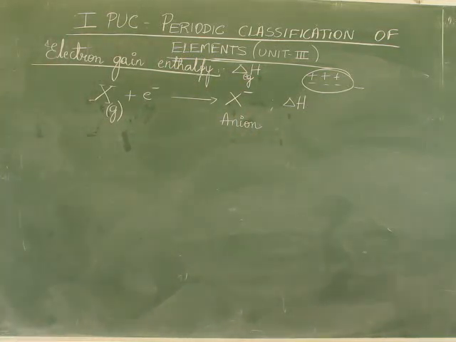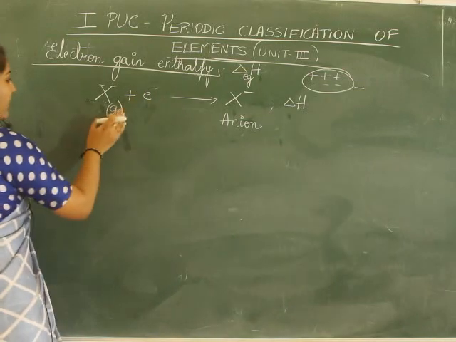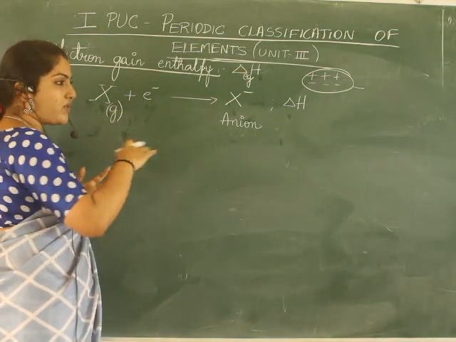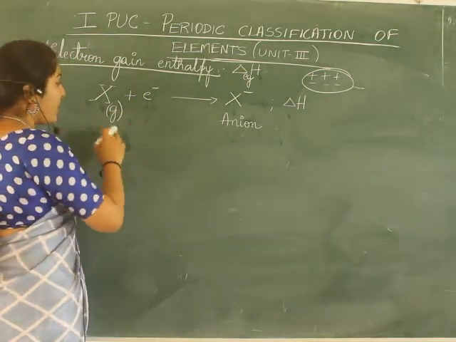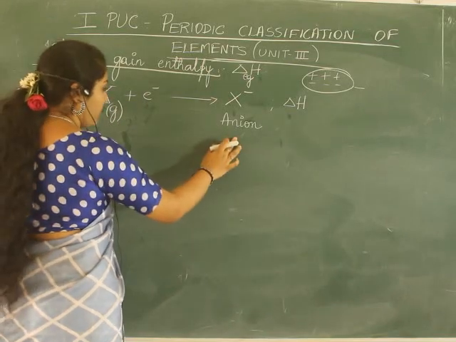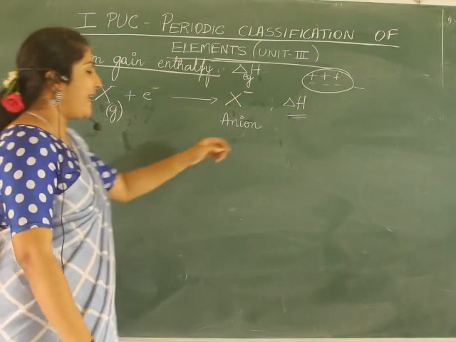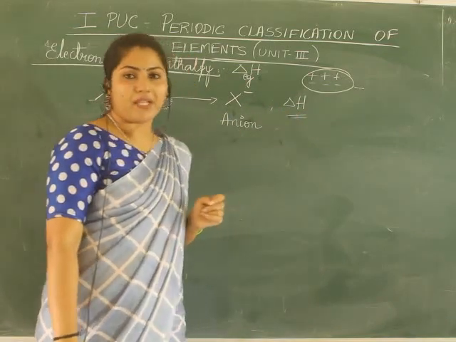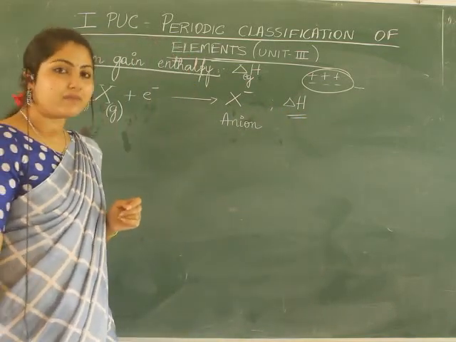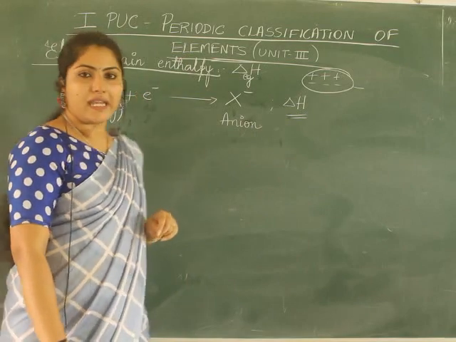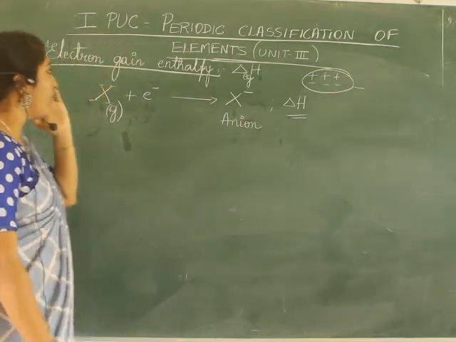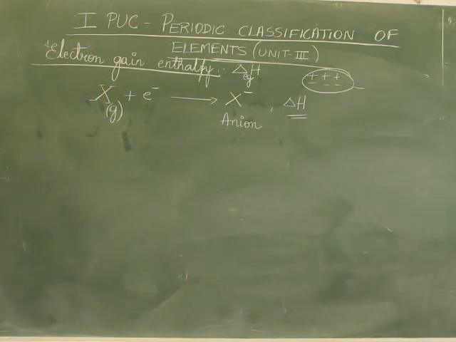Hope I'm making it clear to you what is electron gain enthalpy. When one electron is added to a neutral atom, neutral means all the positive charges balanced by negative charge, then to form an anion, during this process, the enthalpy change that is accompanied is called electron gain enthalpy. So let us write the definition of it.